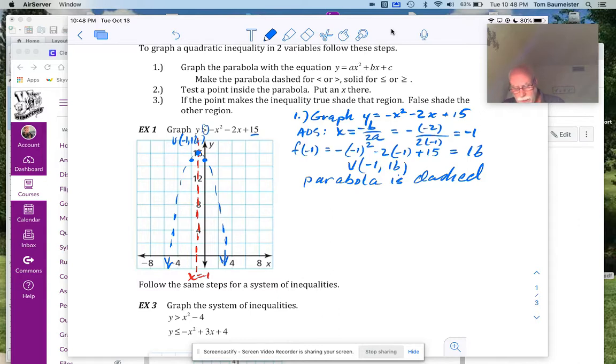So I'm going to make a graph, and it is dashed. Number two, it tells us to test a point. The easiest one to use is 0, 0, so use 0, 0 if you can.